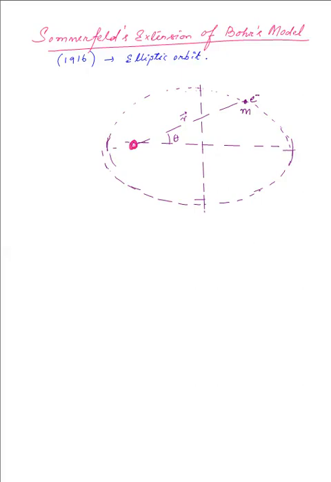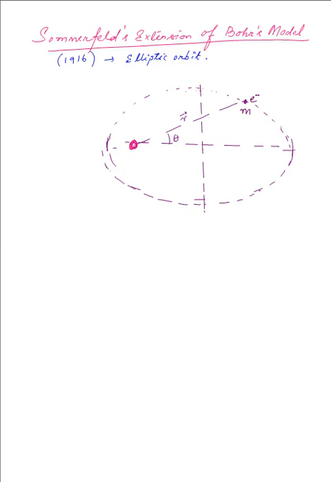Here we have the illustration of the elliptic orbit taken up by the electron to move about the nucleus. We have the electron of mass m at a radial distance r from the nucleus, and at any given instant it is oriented at an angle theta with respect to the horizontal line indicated there, which is the major axis of the elliptic orbit.